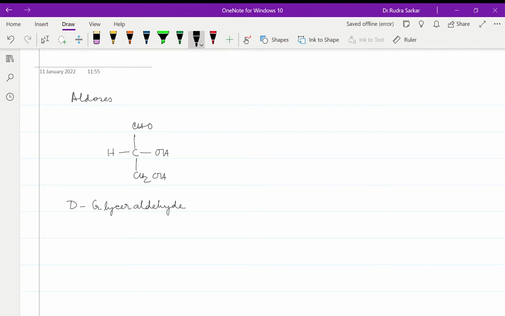Since the carbon chain has three carbons, it is called an aldotriose.